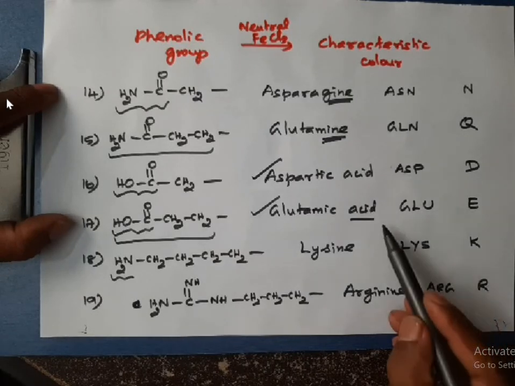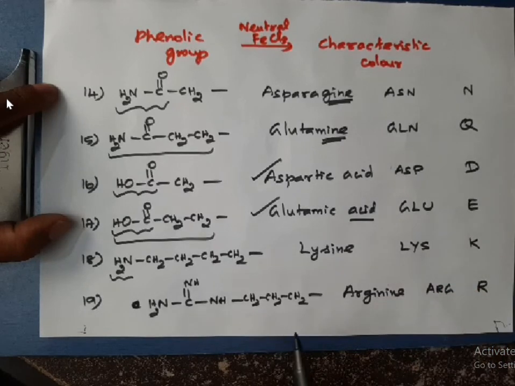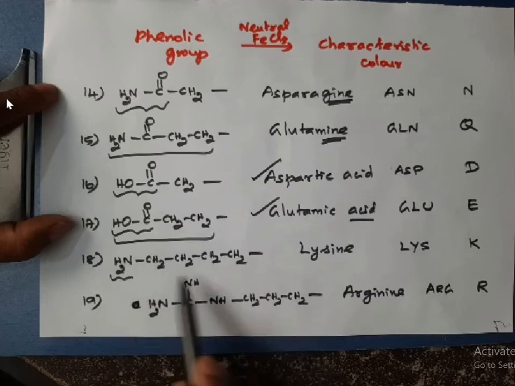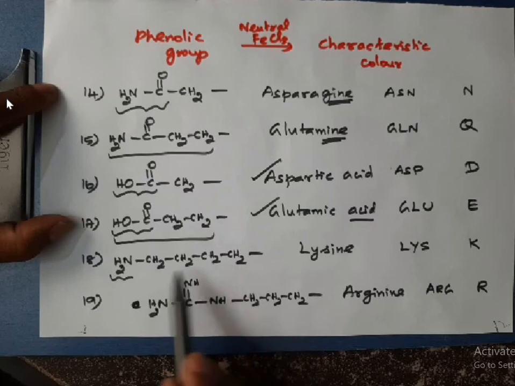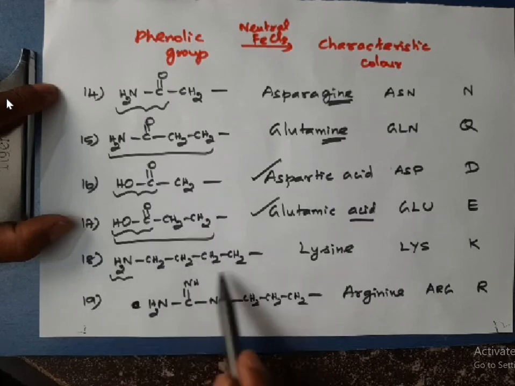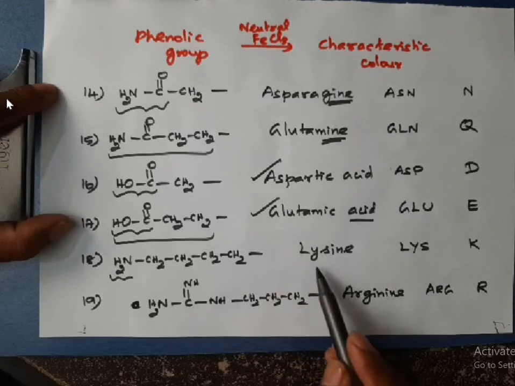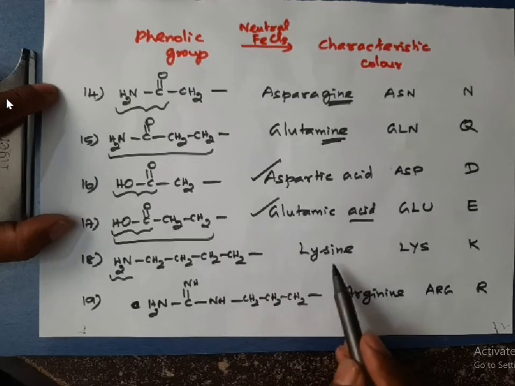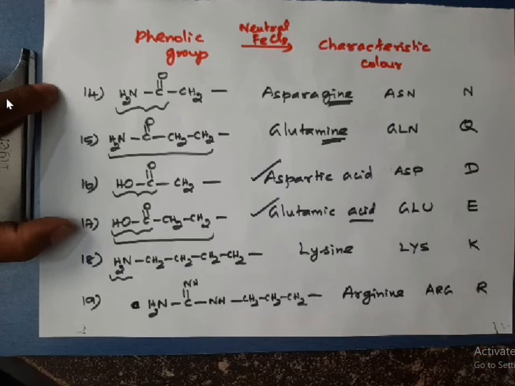The abbreviation is GLU, symbol is E. Next one, number 18. Suppose the R group is an n-butyl attached with an amine. If this R group is present in the alpha position, we will get an amino acid called lysine. The abbreviation is LYS and the symbol is K.